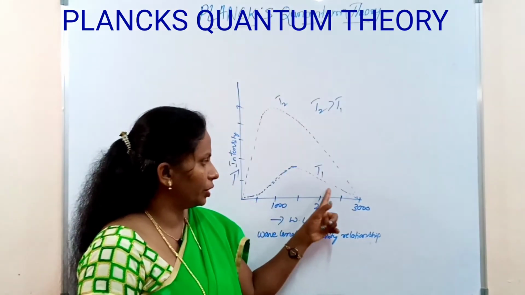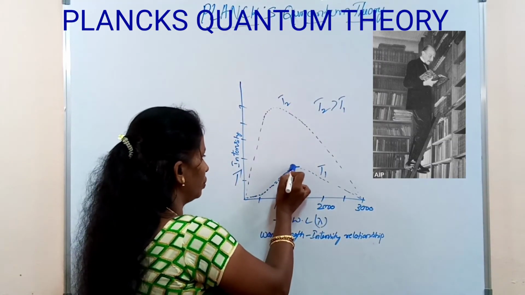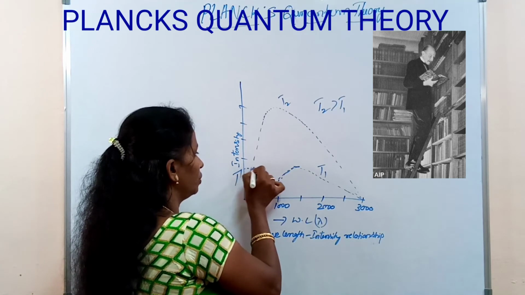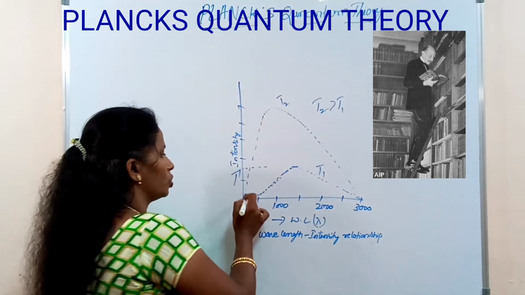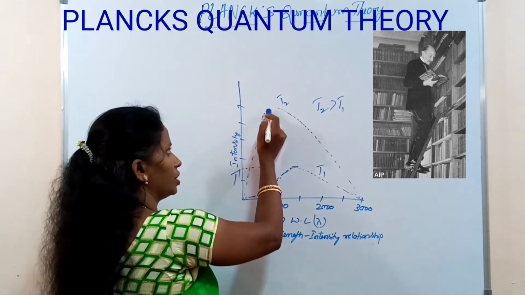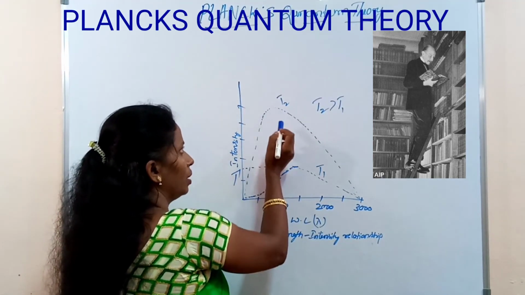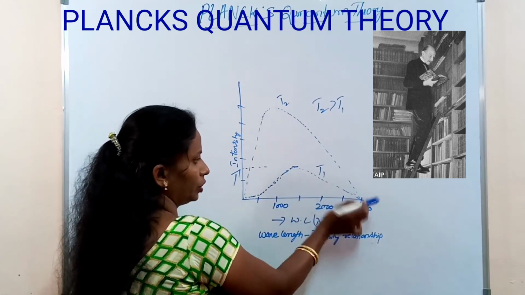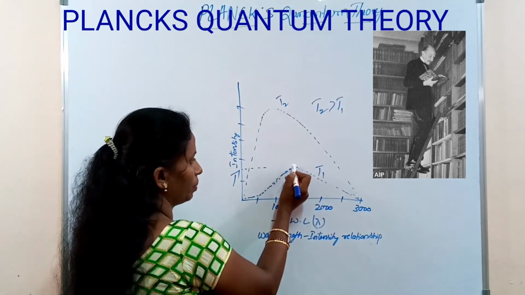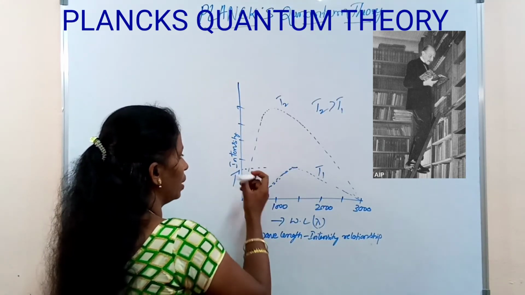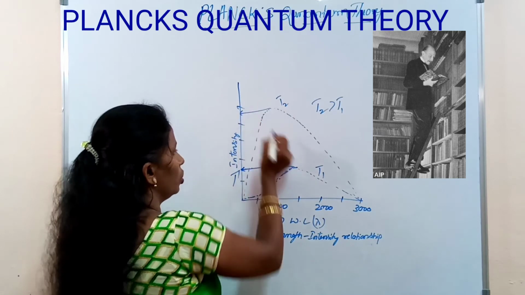At a low temperature it emits low frequency radiation. As you go on increasing the temperature, it is still absorbing, then later it reaches the maximum and then emits radiation. At temperature T1 this is the maxima, and here this is the other maxima.